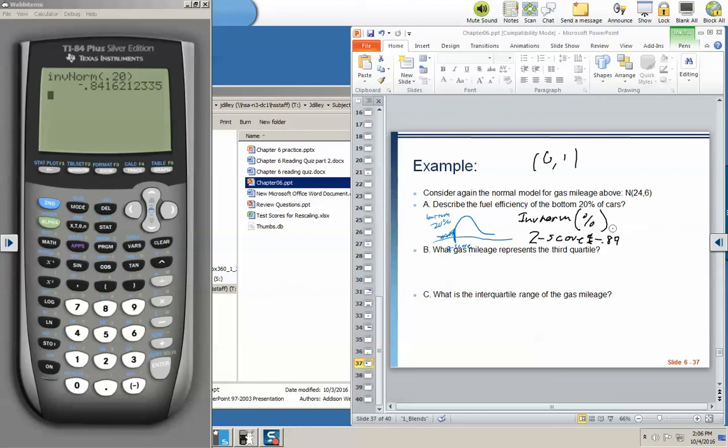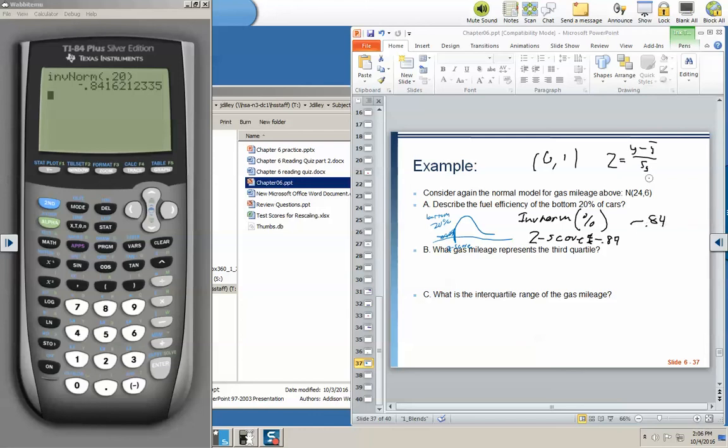And we can tell from here, now we were asked to describe the fuel efficiency of the bottom 20% of cars. We have the z-score associated with that, but now we need to play with our z-score formula to actually find the actual gas mileages. So we don't know the gas mileages yet. So we're looking for y.